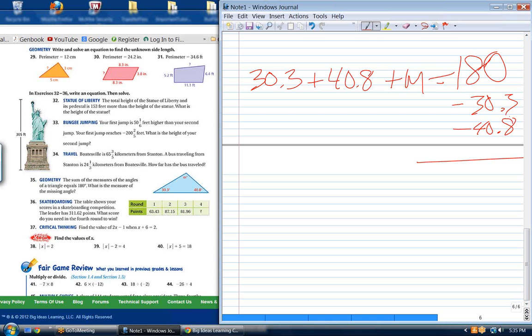So if I add 1.1 to 70, that's really 71.1 that I'm now subtracting from 180. Well, the difference between 180 and 71 is 109, but I got this little piece extra, so it must be 1/10 less than 109. So it has to be 108.9.